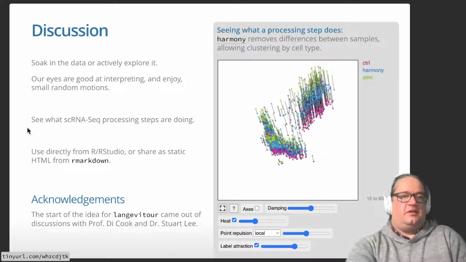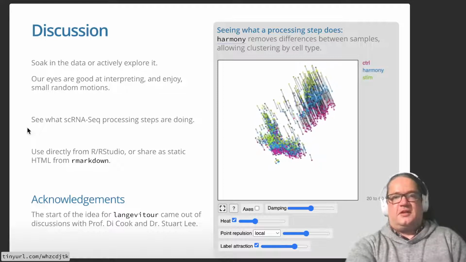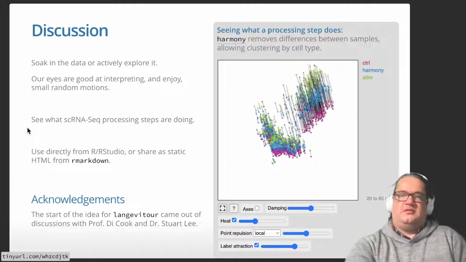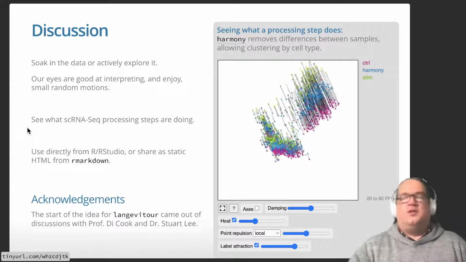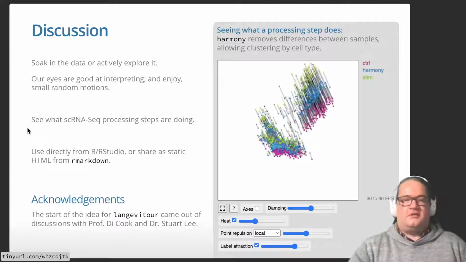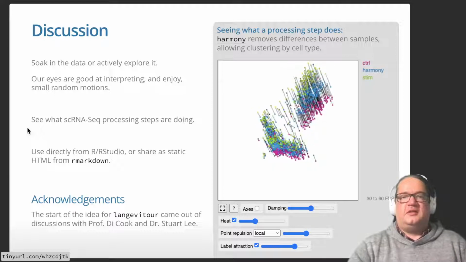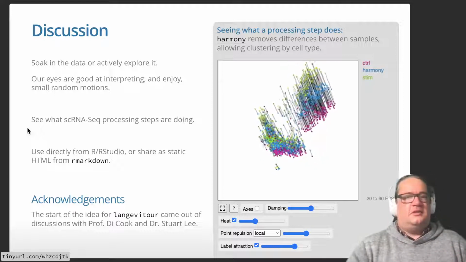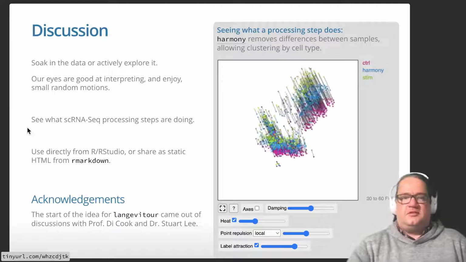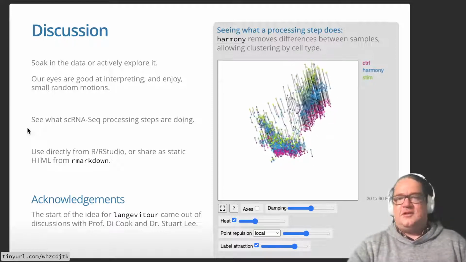In particular, I was interested in single-cell RNA-seq. A concern we have with this sort of data is it's very complex methods we're applying to high-dimensional data, working out what are they doing? Are they doing what we want? It's a question that nags a bit.